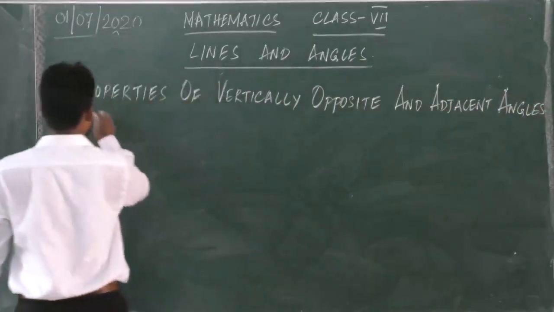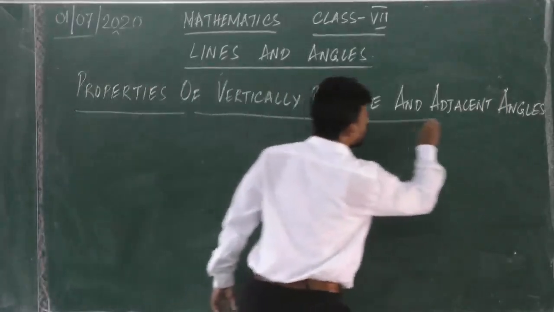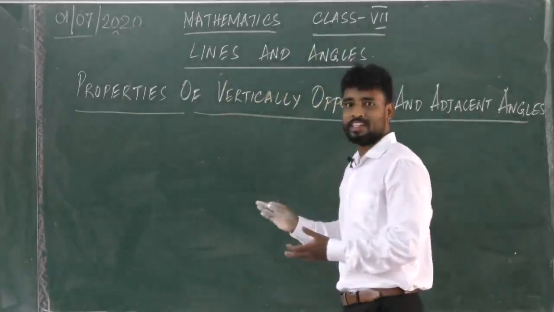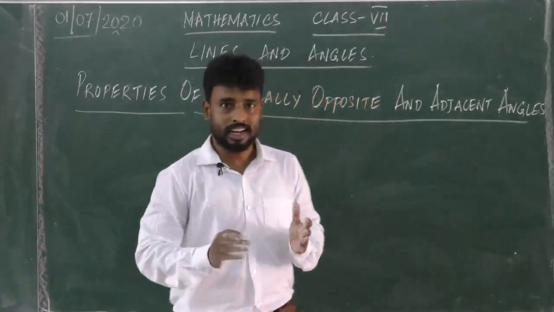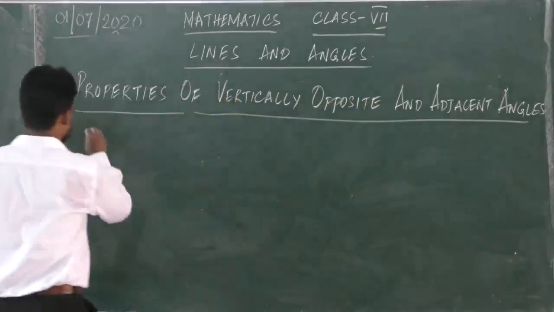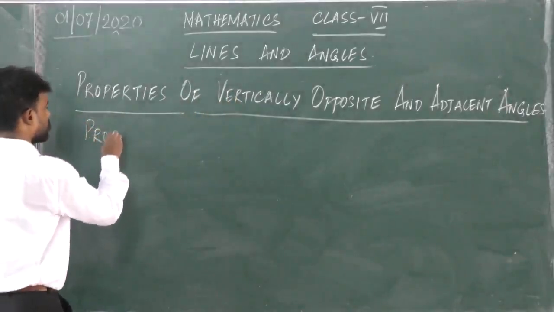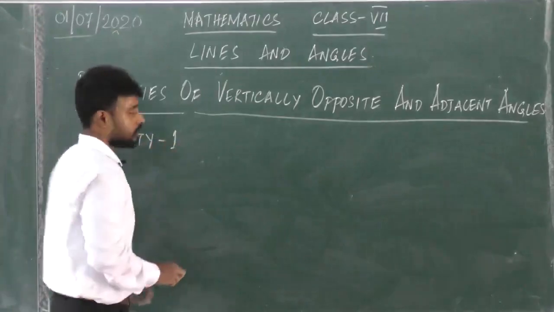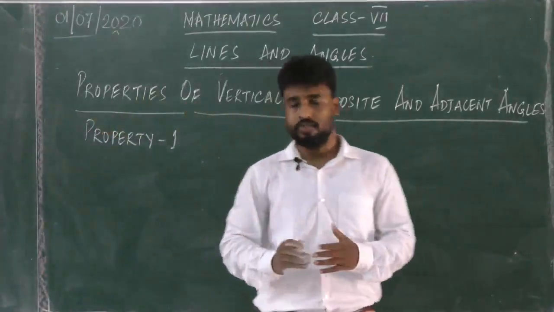We have the properties of vertically opposite and adjacent angles. Let us come to the first property.